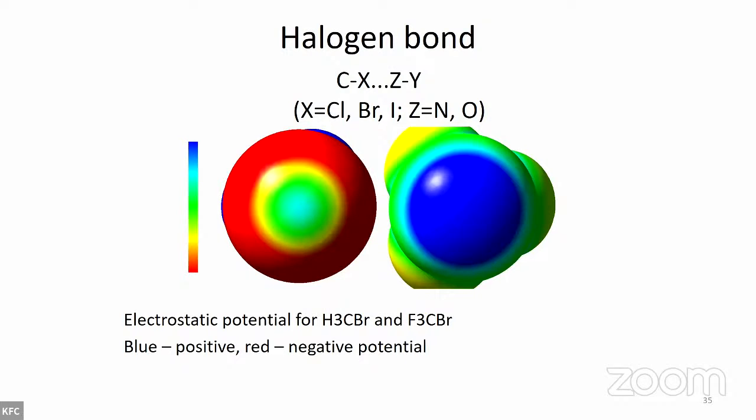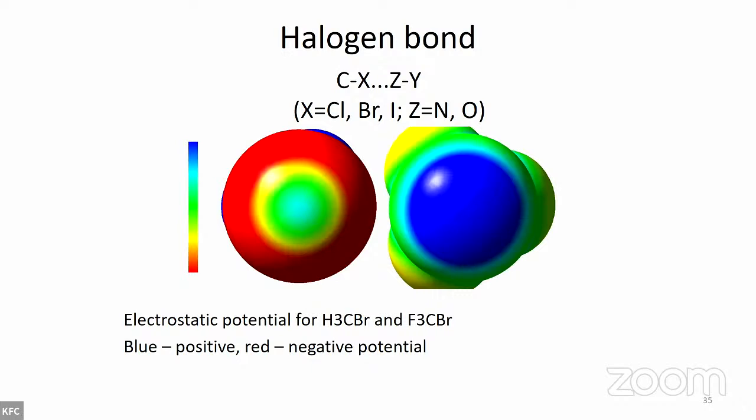And the last of these special interactions, which is more and more interesting for drug design, is the halogen bond. It's to some extent similar to the hydrogen bond, because you have the halogen atom bound to some atom that is stealing its electrons, like an aromatic ring, for instance.